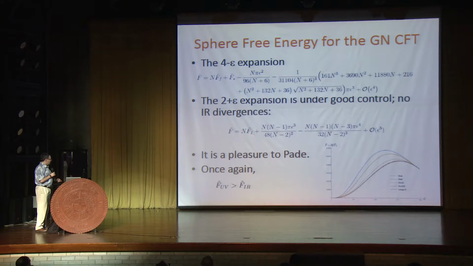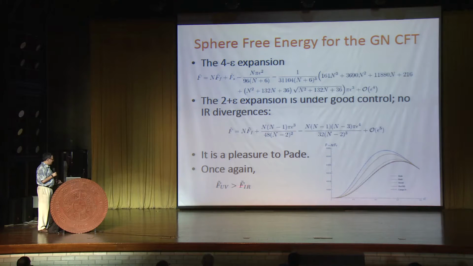And you usually don't think of Padé approximants as a pleasant activity, but this actually works really well, in the sense that different Padés give you answers very close to each other. And one can check this so-called generalized F theorem, namely that this F tilde in any dimension decreases as the theory flows from UV to IR.